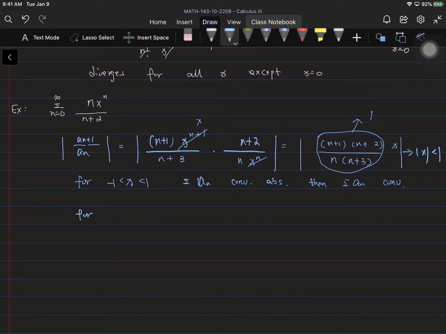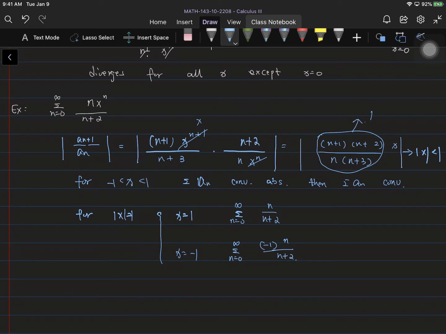So we need to check x equals 1 and x equals -1, the same thing we do. Plug in. Our series becomes n over n plus 2. The other one, if we plug in -1, becomes -1 to the n times n over n plus 2. Let's take a look at the first one.